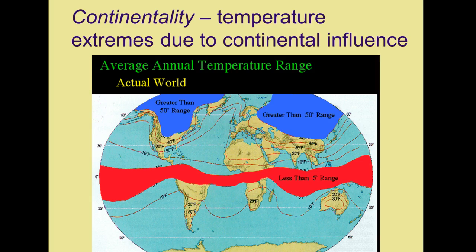The condition of continentality is very characteristic of Russia. In this case, we have temperature extremes that result from continental influence. In this map, we see the blue areas indicating the highest annual temperature range on Earth, and much of Russia fits into this category.